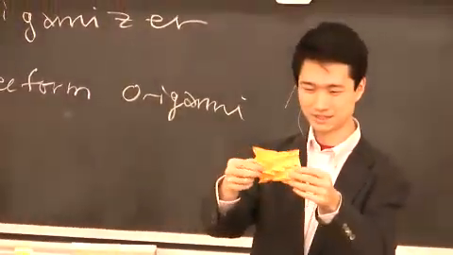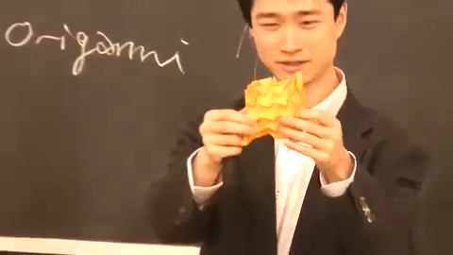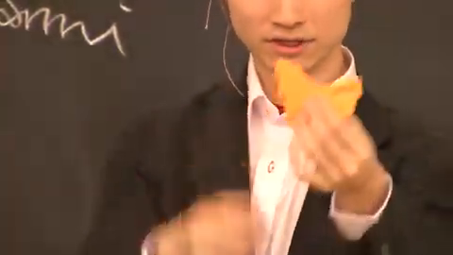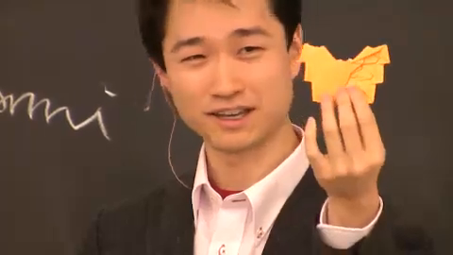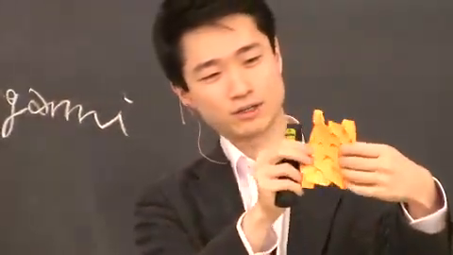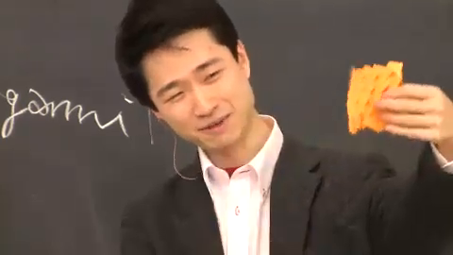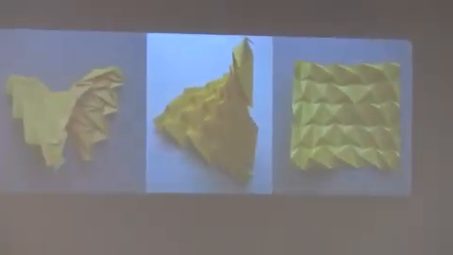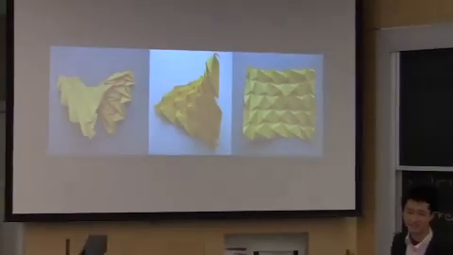So this is the pattern, and you fold it into a kind of butterfly shape, and it forms a hyperbolic paraboloid shape, a saddle shape. So this is another way to make a hypar in paper.